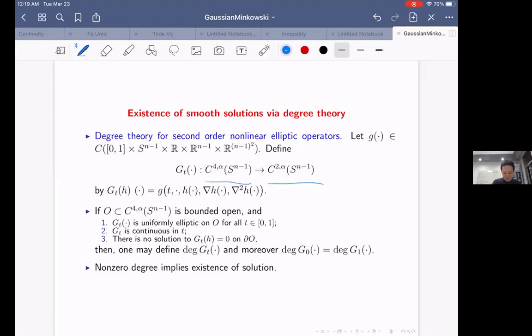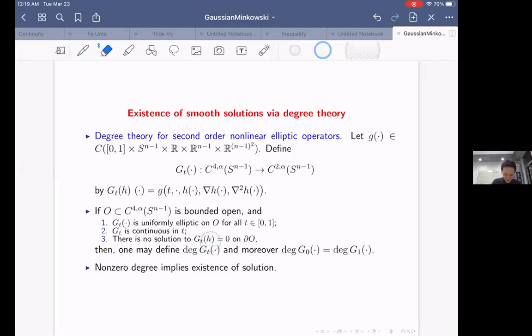It's a traditional way to define an operator in PDE. And if O is a bounded open subset of C^{4,alpha}, and if G_t satisfies the following three conditions: first, G_t is uniformly elliptic on O; second, G_t is continuous in t; and the third one is G_t(h) equal to 0 has no solution on the boundary of O.